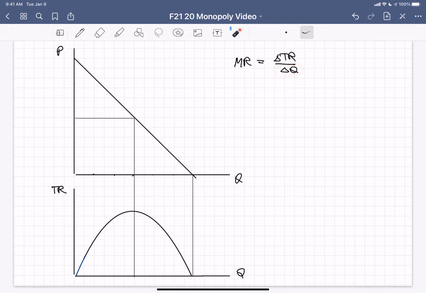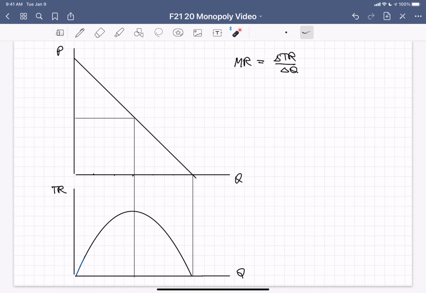So in the simplest case, by how much total revenue will increase when we add one extra unit to our output. And the graphical interpretation of this variable is the slope of our total revenue curve. And this way we can understand the shape of marginal revenue.